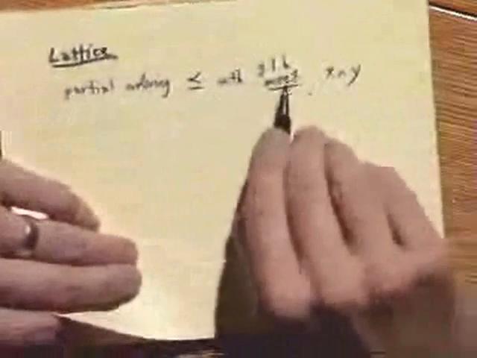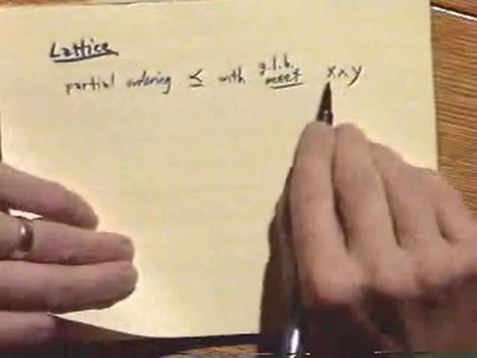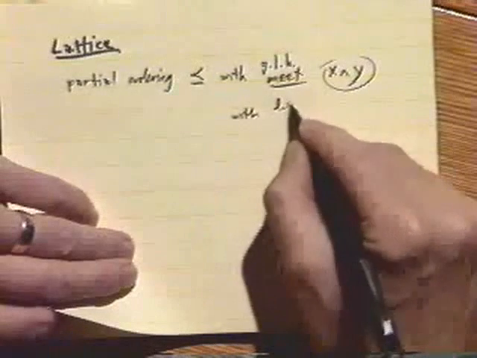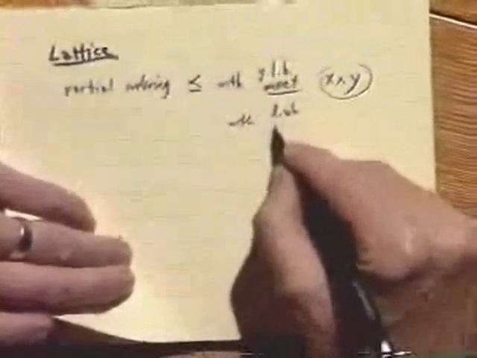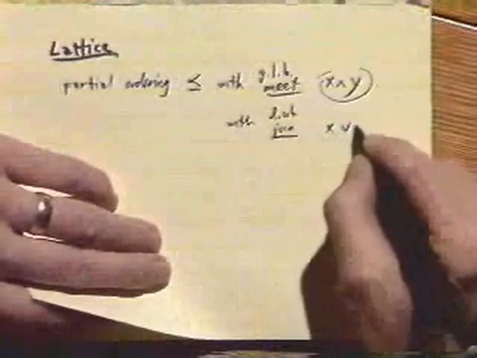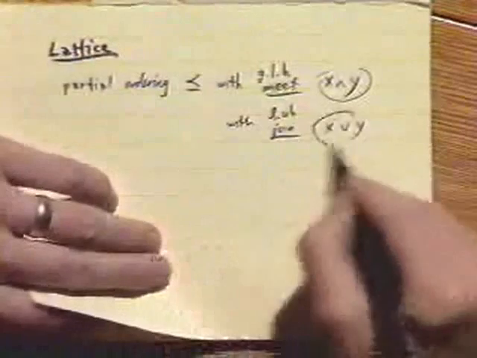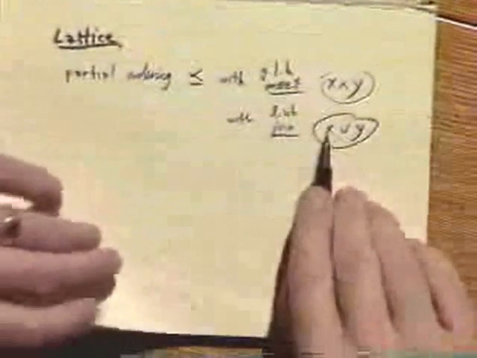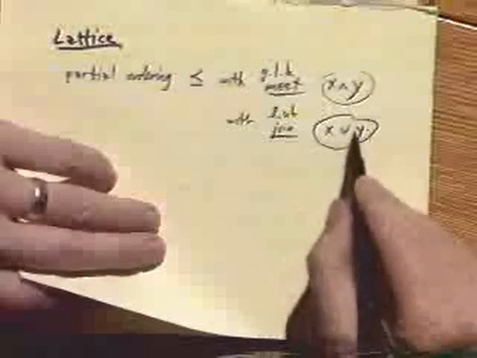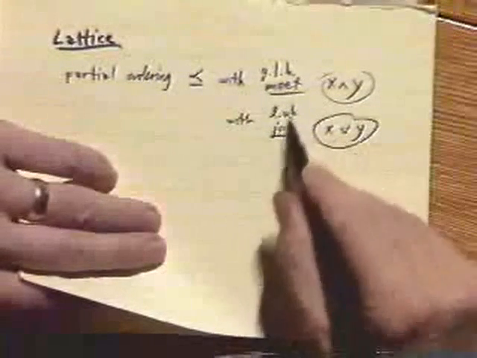And if there is such a greatest lower bound, it means that anything that precedes x and y has to precede x meet y. And it also has the least upper bound on the opposite side, which is called the join, x with this symbol, y, and this is the same idea. Anything that's greater than both x and y with respect to the partial ordering has to be greater than or equal to the least upper bound.